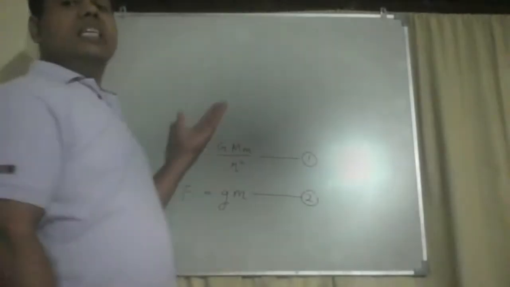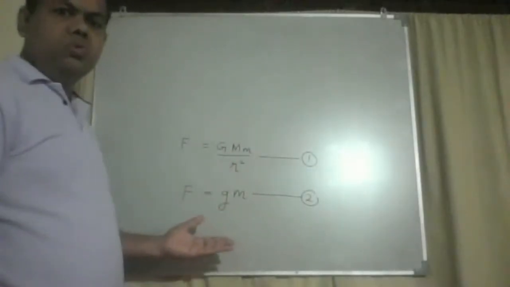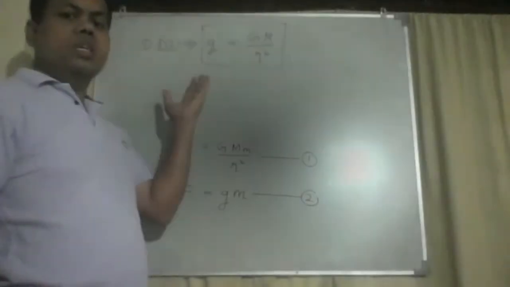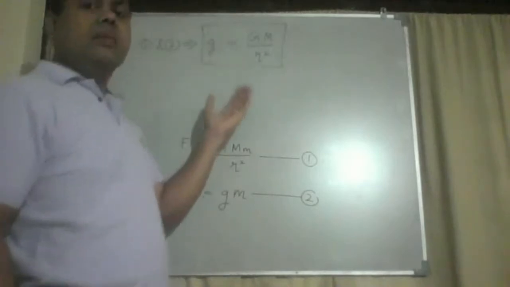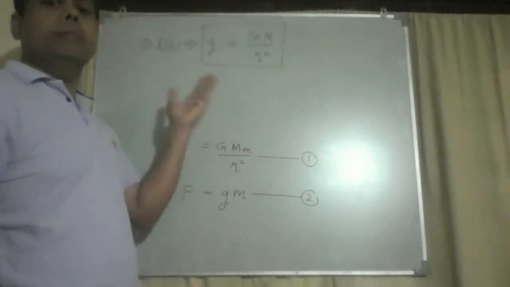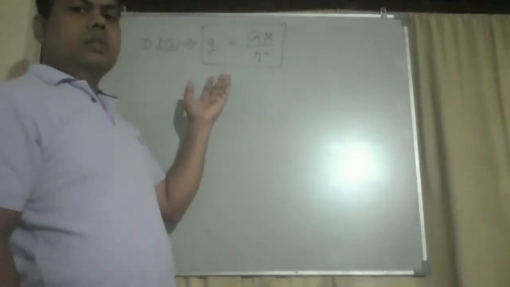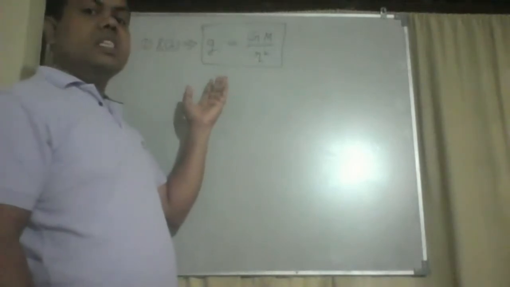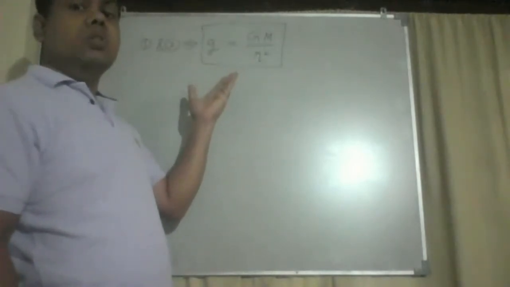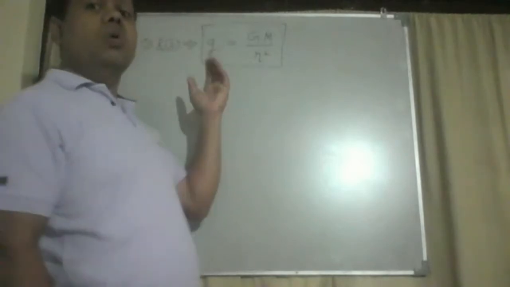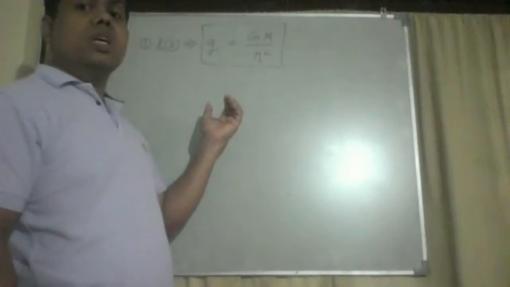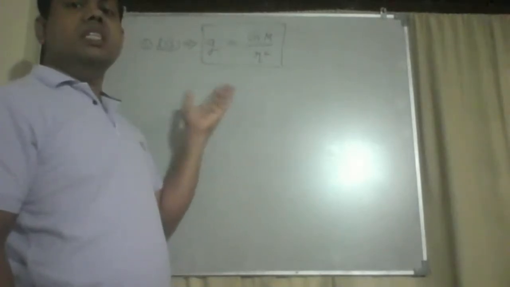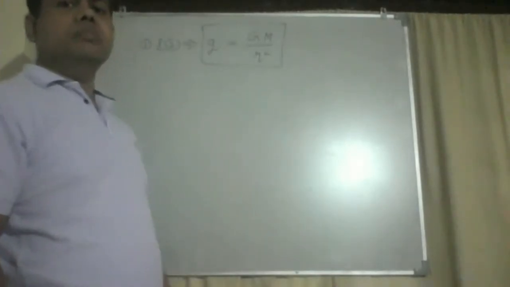Now combining equations 1 and 2, we will have this expression for gravitational field intensity around a spherical mass of capital M. Since G and capital M are both constants, it follows that g is proportional to the reciprocal of the square of the distance to the mass m.